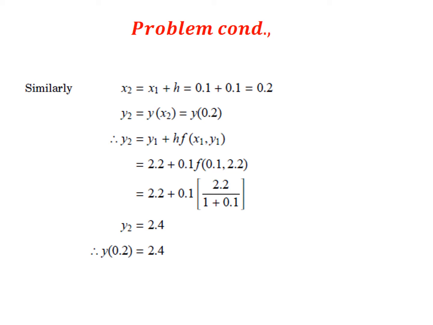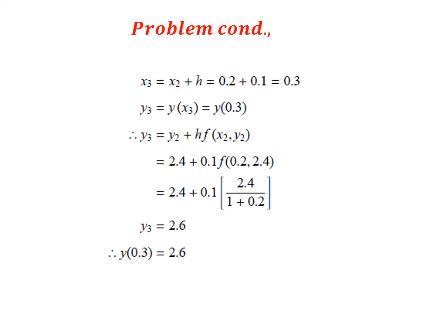From that I'm going to replace, in place of x, 0.1 and in place of y, 2.2. I will get this structure. After simplification of this particular step, I will get y2 is equal to 2.4, which means y of x2 is equal to y2. So this is the y2 value.